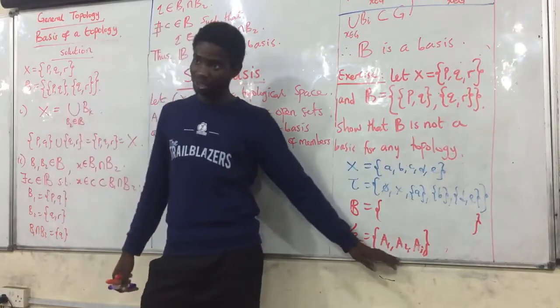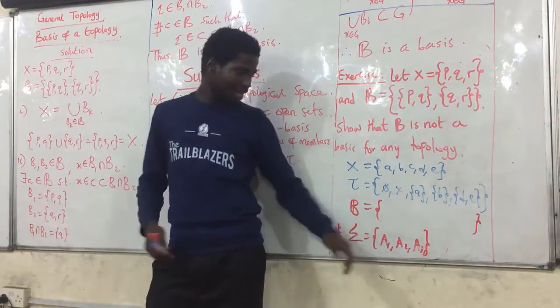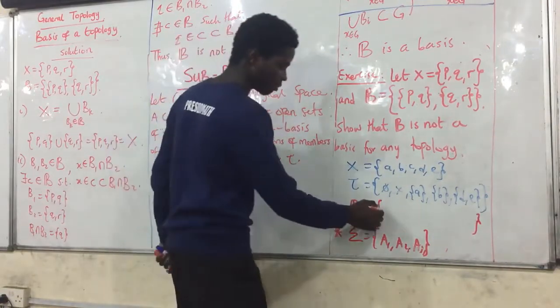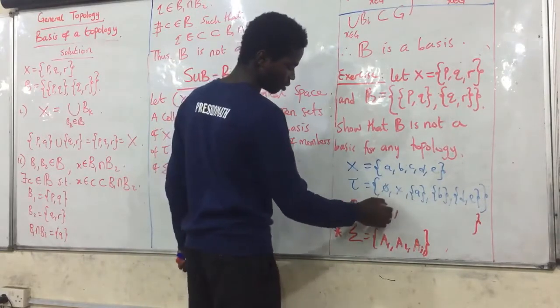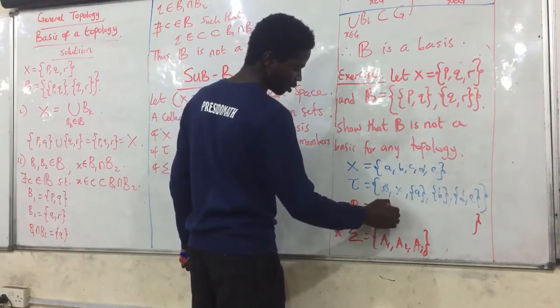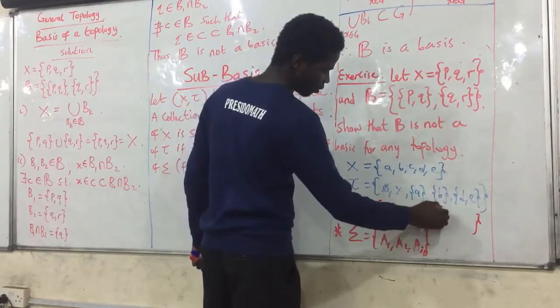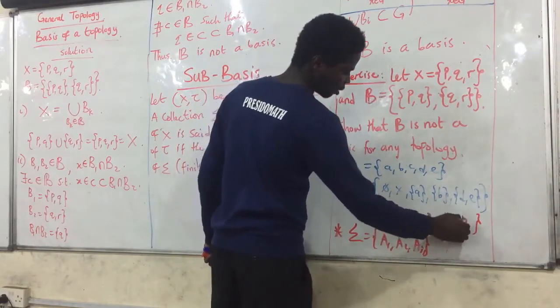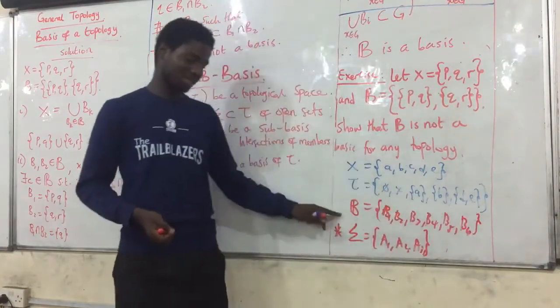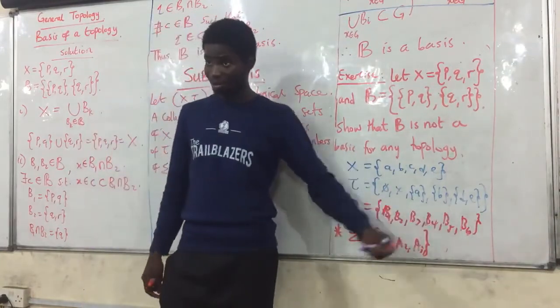If you take the finite intersections of these, let's say the basis is B1, B2, B3, B4, B5, B6. How many elements are in the basis here? Six, right?